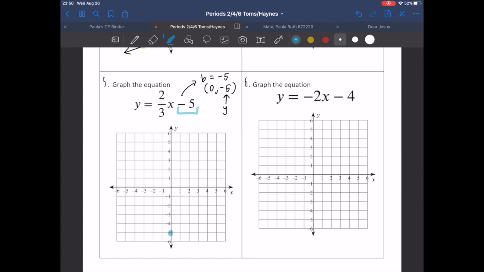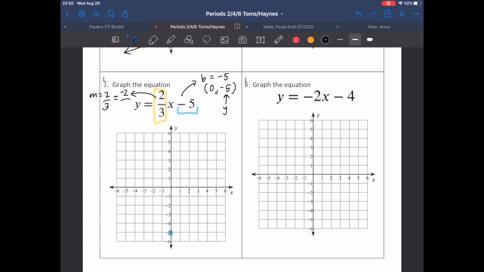Okay. All right, now let's go to our slope. Our slope equals 2 over 3. Well, guess what? Same exact thing. If I switch the signs, what's opposite of +2? -2.